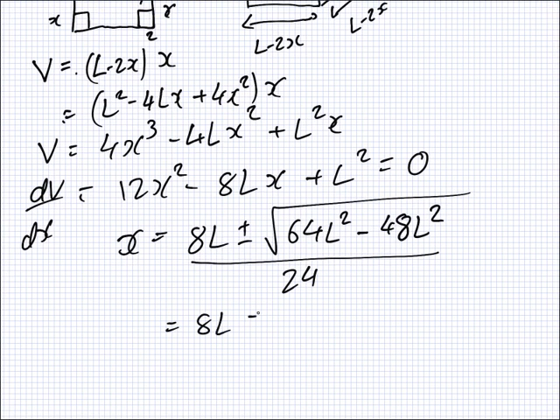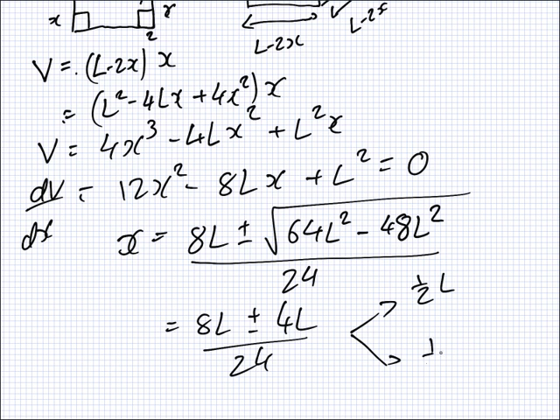That's 8L plus or minus, is that 16L squared? It is, isn't it? So square root of 16L squared is 4L, over 24. So it's either going to be 12L over 24, which is a half L, or if you take the minus answer, 8L minus 4L is 4L, 4L over 24 is 1/6 L.